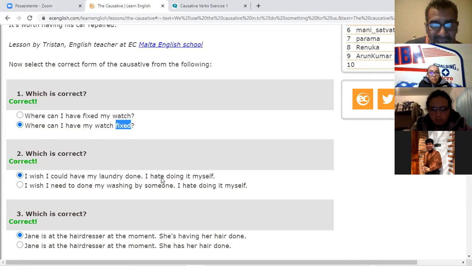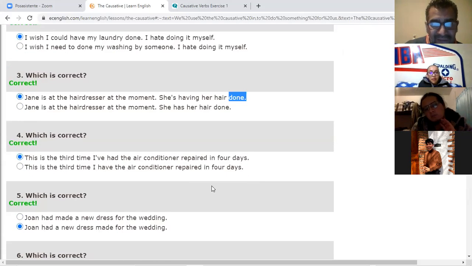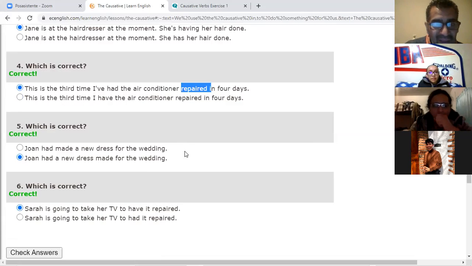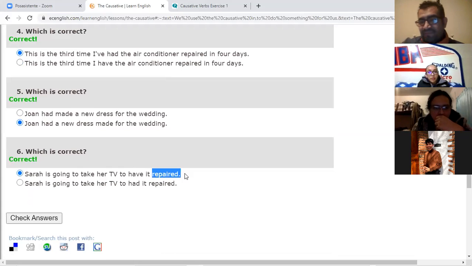Fixed, done, done, repaired, made, and in this case, repaired. That is the idea of the causative in passive voice.